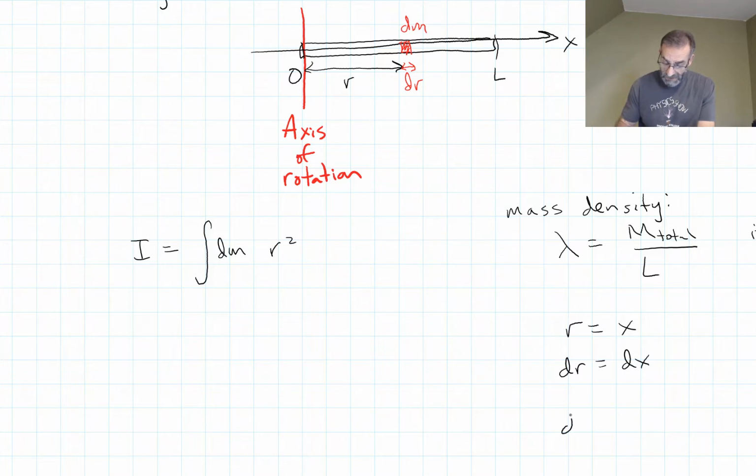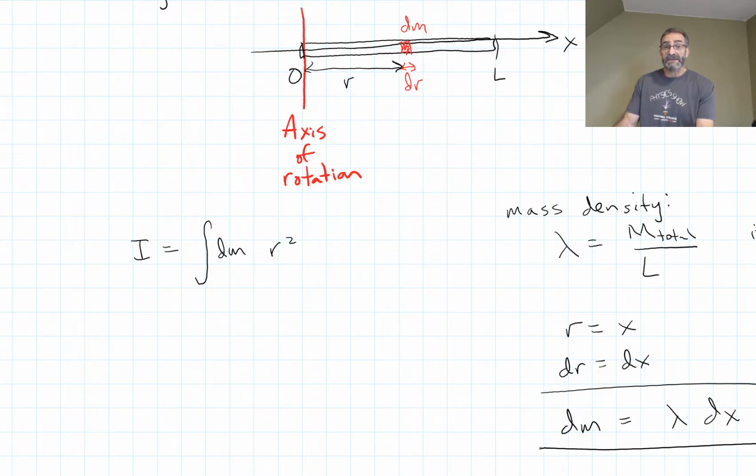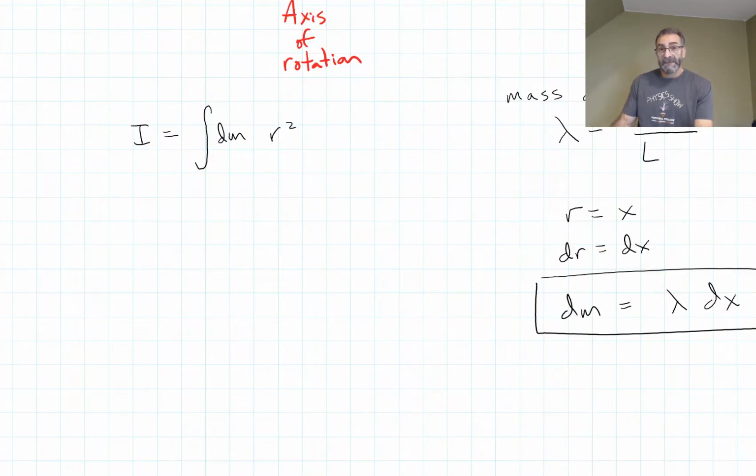So dm, the mass of that little tiny chunk, is going to be my mass density multiplied by the length of that little tiny chunk. This is always true. dm is always equal to the density multiplied by the length. If the density is uniform, I can substitute the total mass over the total length for lambda. But this is always true, even if lambda is not a constant.